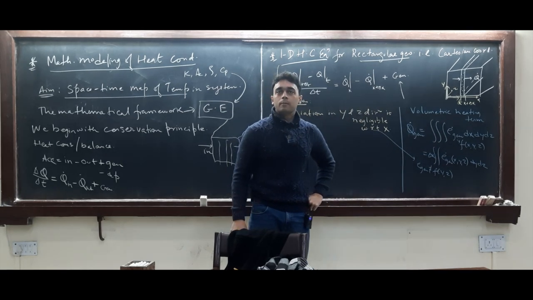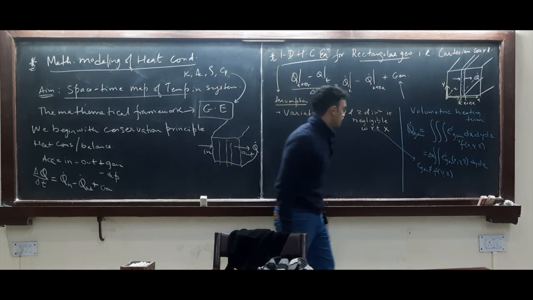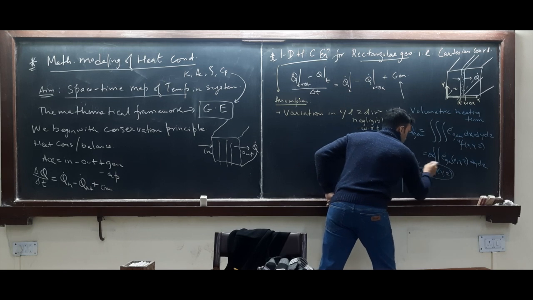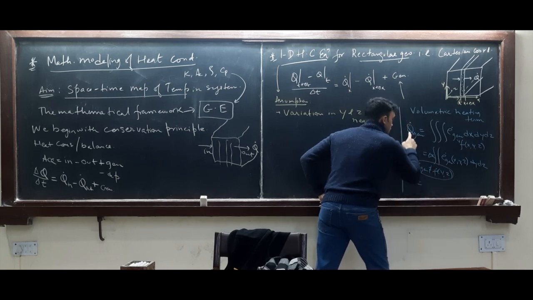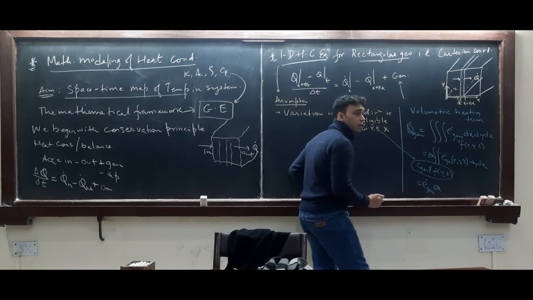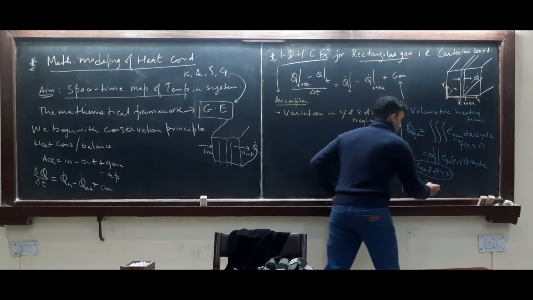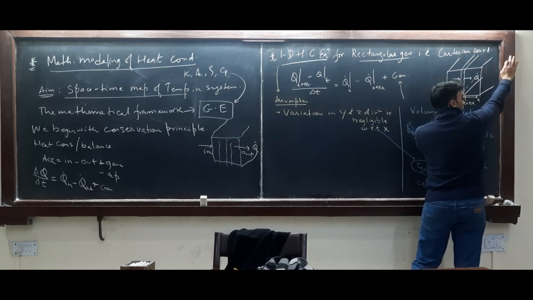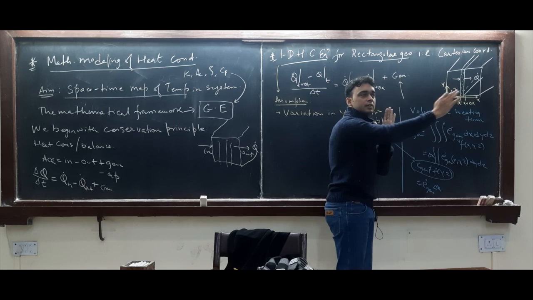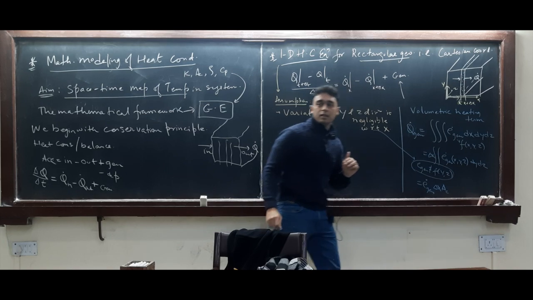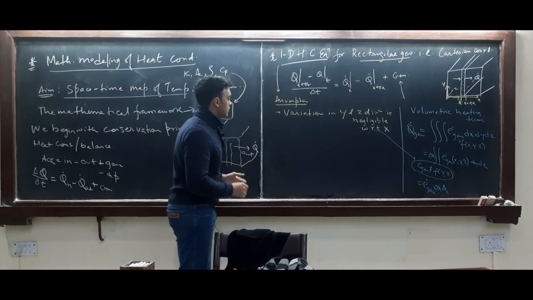Variations in y and z are not significant. So what I'll get at the end is q dot gen equals E gen dot into del x into, basically an integral over y and z, some width and depth. So can I call it A C, the cross section area? Yes?